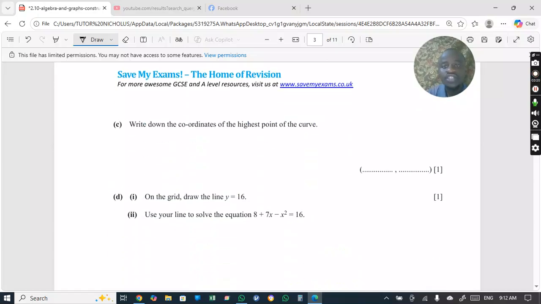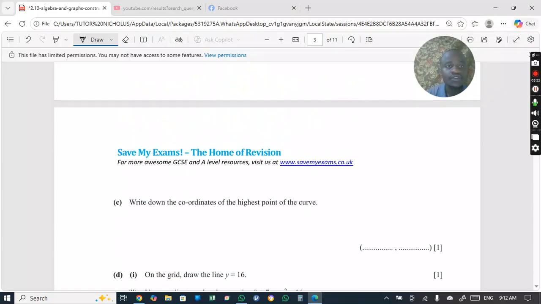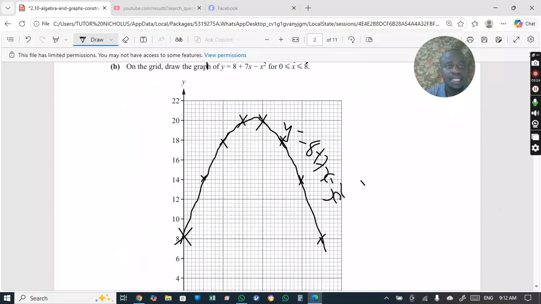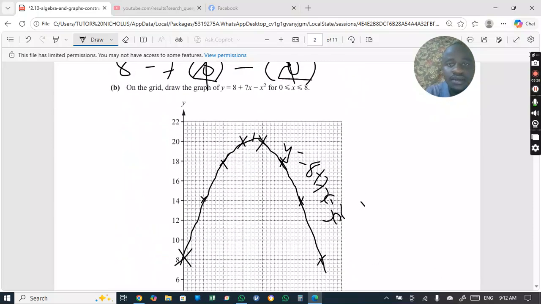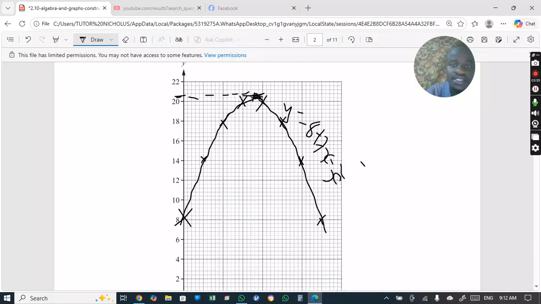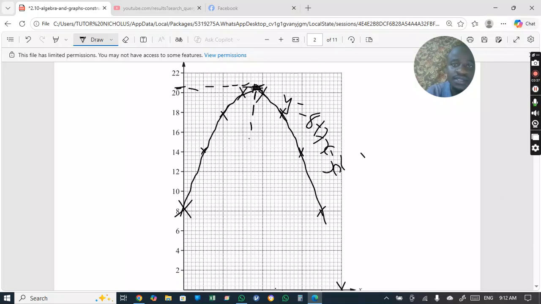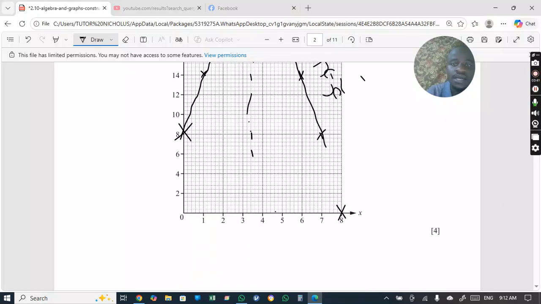Write down the coordinates of the highest point of the curve. The highest point of the curve is normally the maximum point, okay? So at the peak here, you will find the maximum point, which is somewhere here. You extrapolate it on the y-axis as well as on the x-axis, this way, down there, because we want to read that particular value.